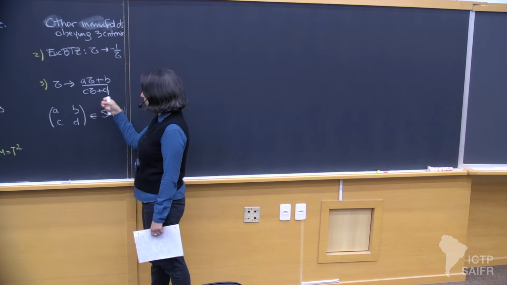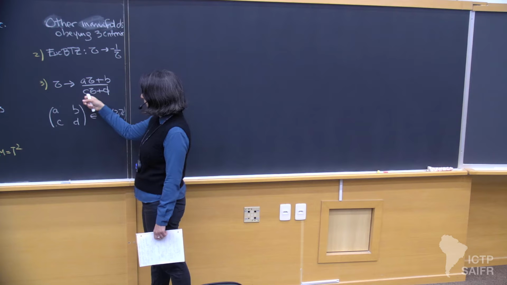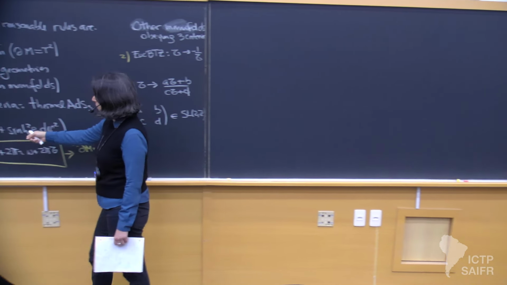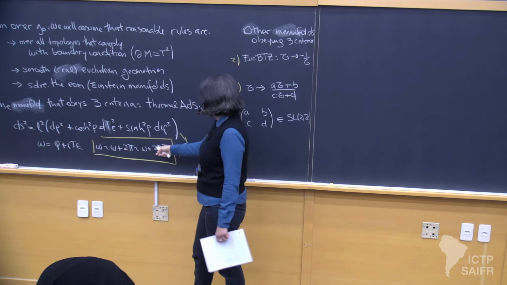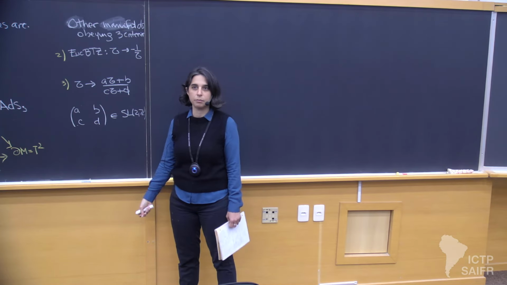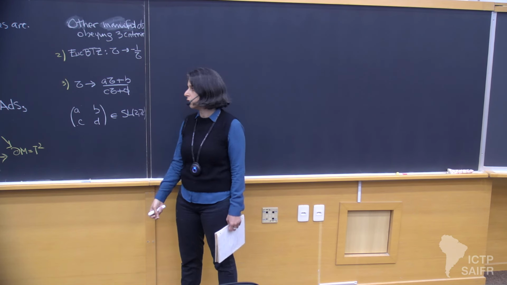But basically, put it in a different way: if you write this geometry, but instead of putting tau, you put any of these combinations, it's still the same torus with the same complex structure.